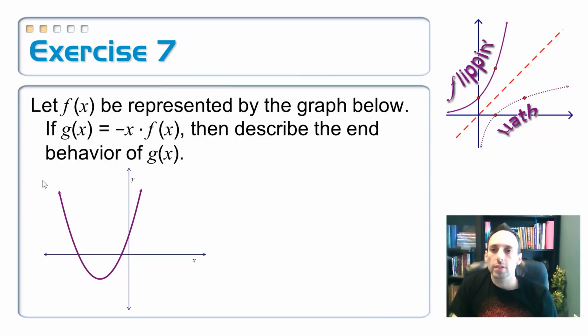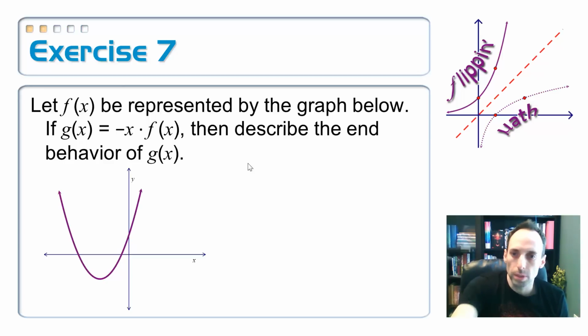Okay, one last thing to do. If f of x is represented by the graph below, which looks like a parabola to me, x squared, then if g of x is equal to negative x times f of x, describe the end behavior of this graph.